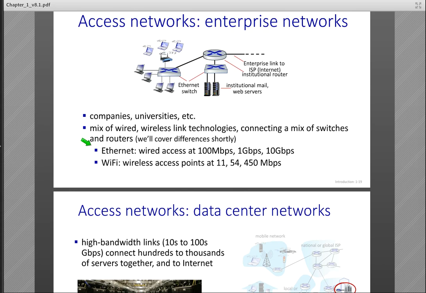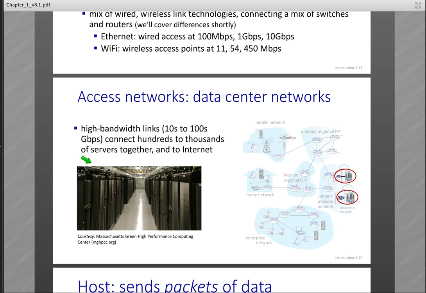In access networks, in an enterprise, for wired access network, mostly we use Ethernet technology, and for wireless access network, we use Wi-Fi technology or wireless LAN technology. We talked about them in the past. The last access network is data center networks. In data center networks, we have several hundreds or thousands of servers placed in a small area.